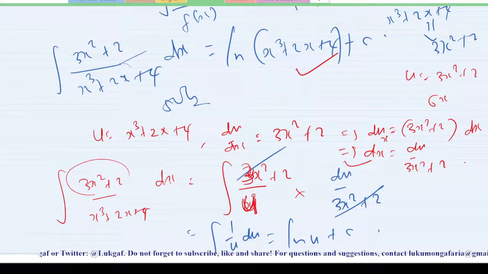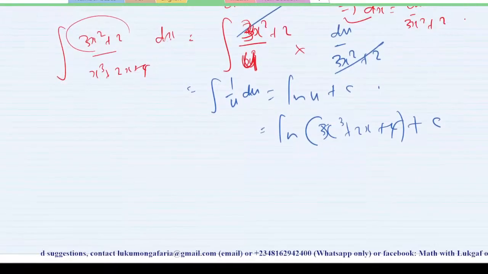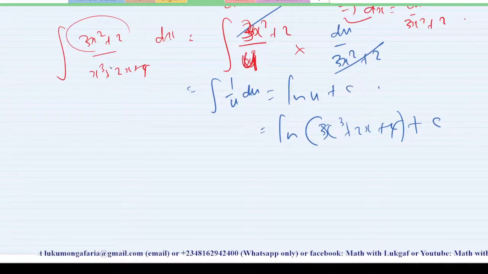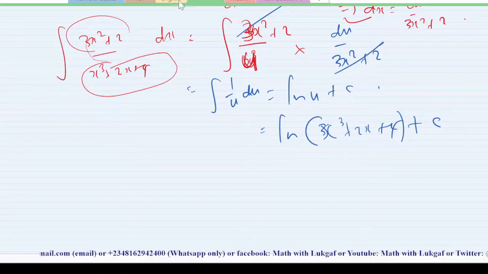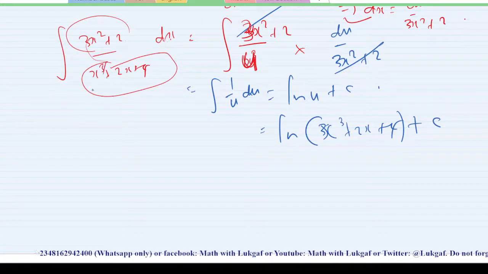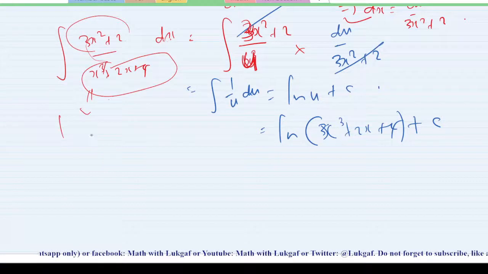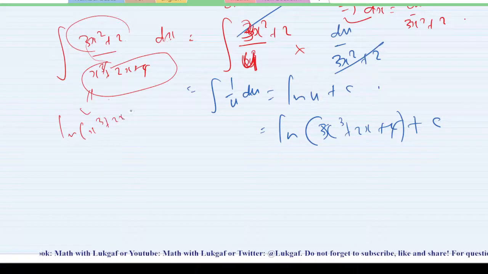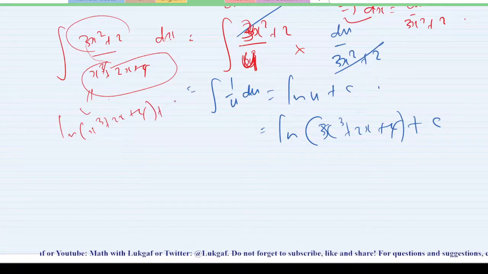So in essence, when you have an integral of the form f prime of x divided by f of x, in such a way that when you differentiate the denominator, you are going to have the numerator, don't stress yourself. Then you are going to have ln of x cubed plus 2x plus 4, that is the denominator, plus c.